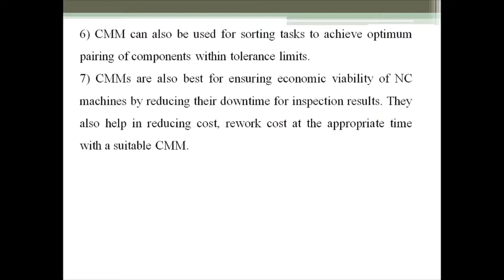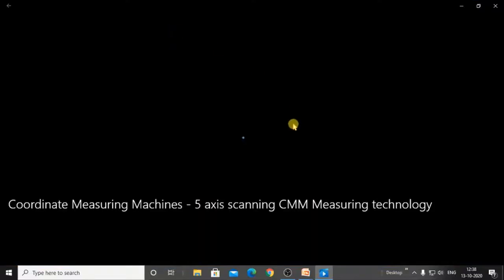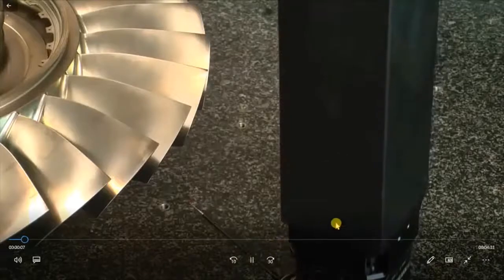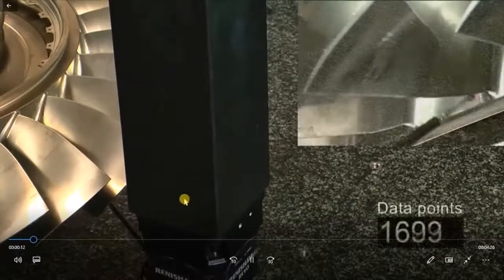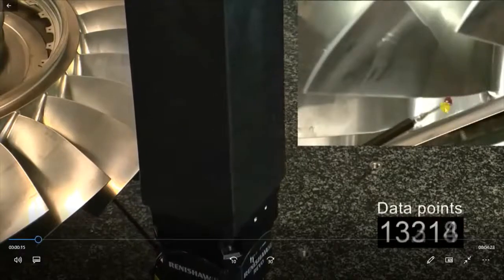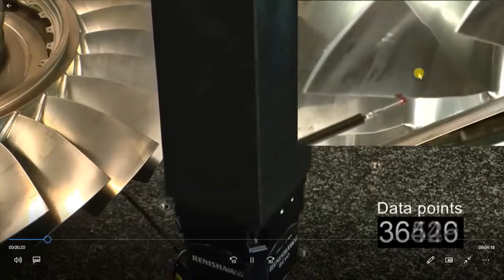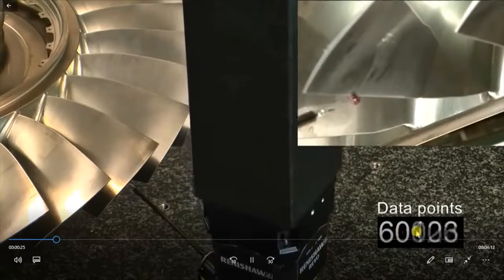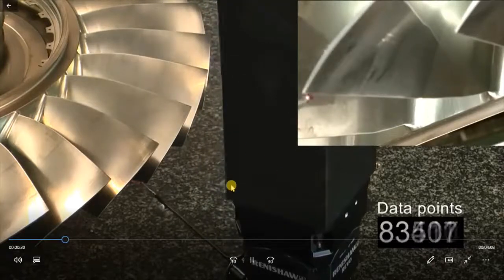Now let us see one short video. Here you can see the CMM machine, its probe head is there, here the probe is there, you can see in enlarged view, and it is making contact with the part, and here the point is recorded by this CMM machine. You can see the points being recorded by this CMM machine.